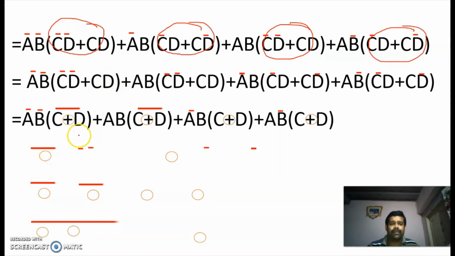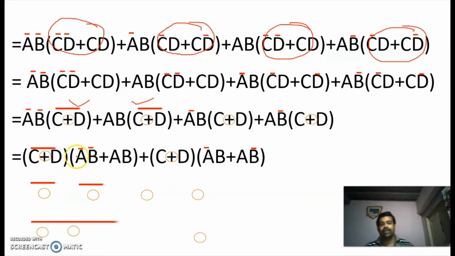Now you are writing this in the form of XNOR and XOR. Then from these two you are taking C XNOR D common, and from these two you are taking C XOR D common. So you'll be getting like this.